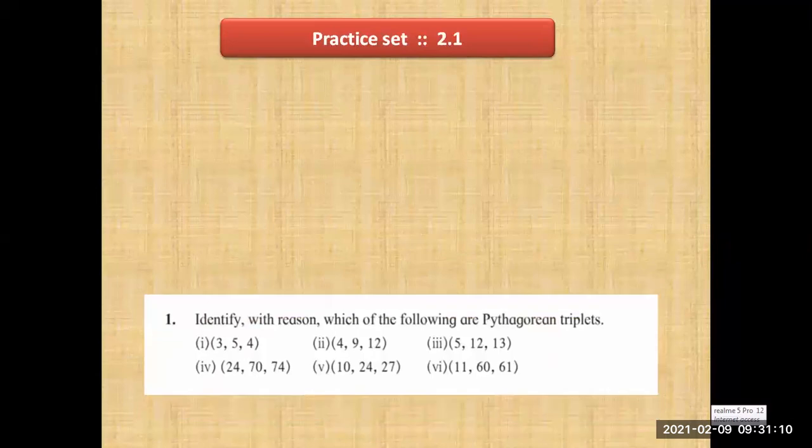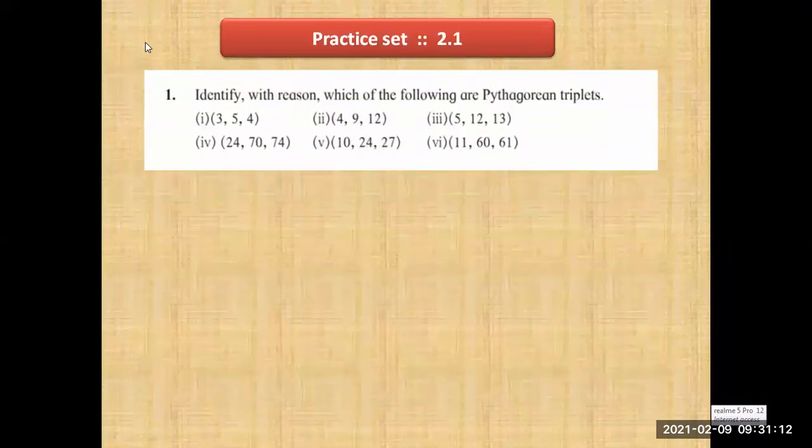Then we do practice set 2.1. Identify which of the following are Pythagoras triplets. For a Pythagoras triplet like 3, 5, 4, what do we have to show? Three digits are given. We have to find the square of the largest one and then find the squares of the remaining two and add them.